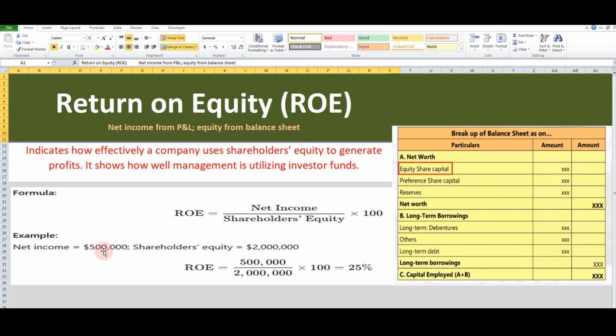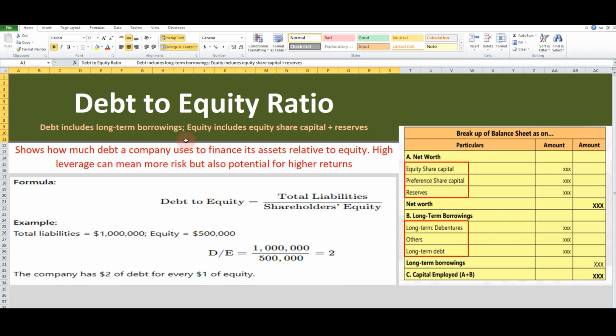For example, net income is $5 lakh, shareholders' equity $2 million. 5 lakh divided by 2 million multiplied by 100. The 100 indicates that we are finding the percent.